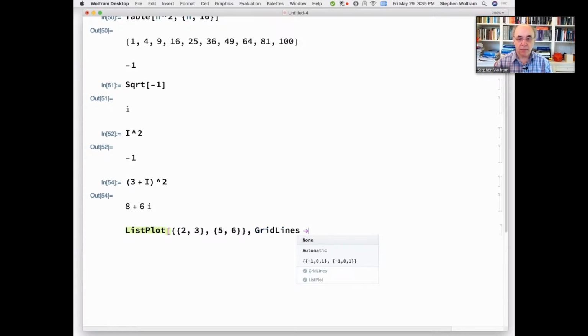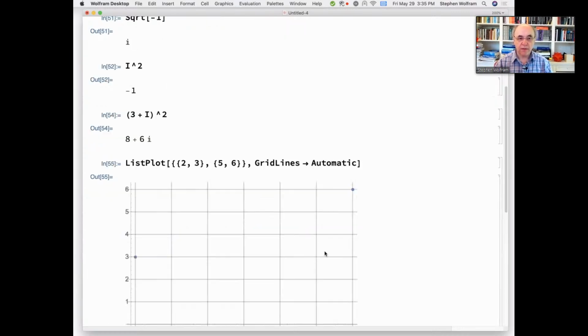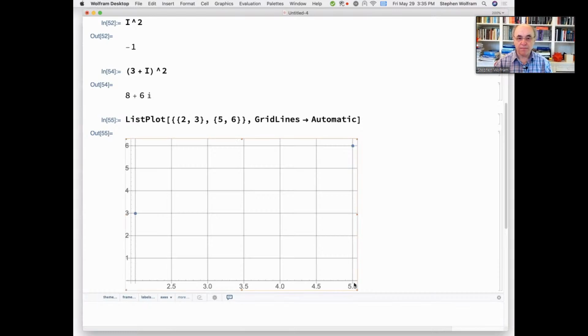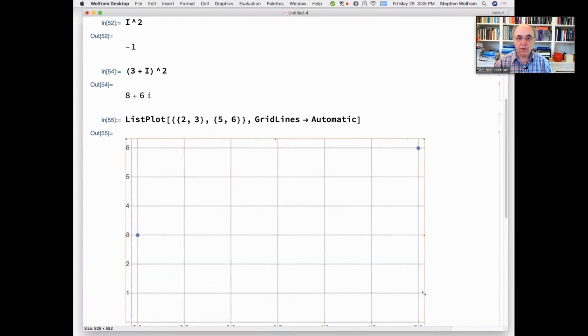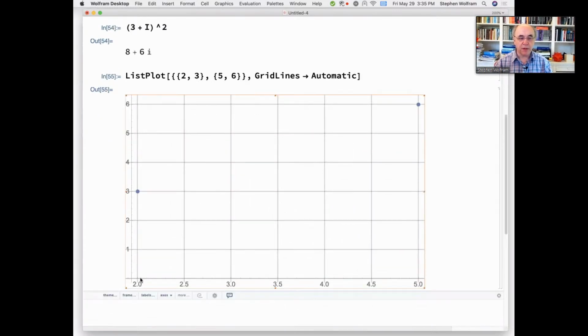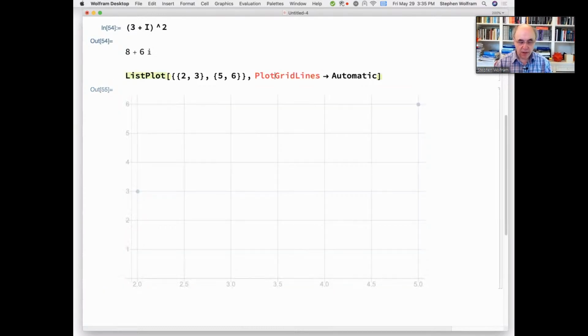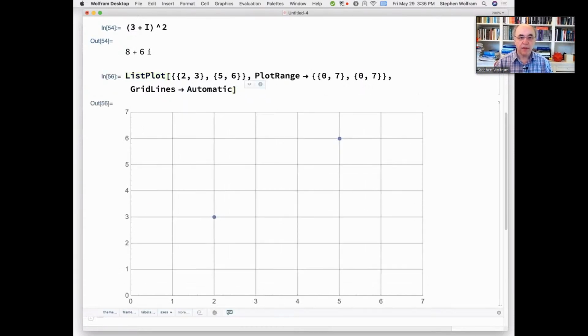Grid lines, automatic. Okay, so there we plotted those 2 points. Hold on a second. Might make it a little clearer.